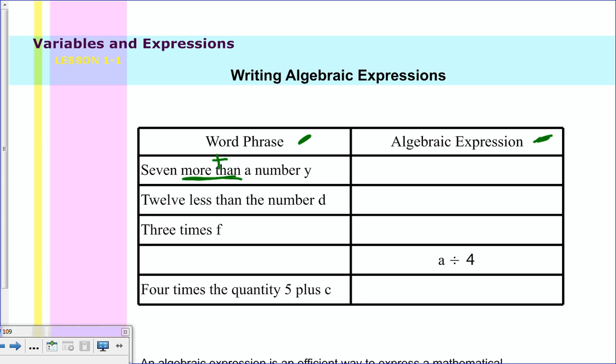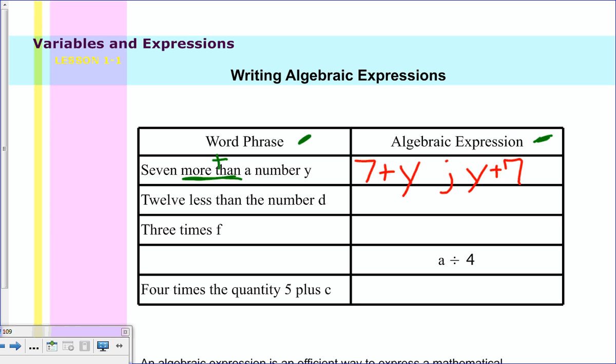So we have 7 more than or plus a number y. Well, you can write it in this order. 7 plus, well, that number, again, they tell us the number is y. So you'd write 7 plus y. Or, because it's addition, you could actually switch it and write y plus 7. When you're adding, it doesn't matter the order. All right, and there we go.